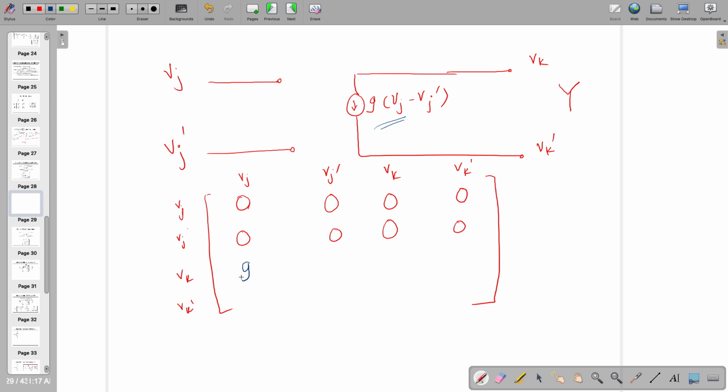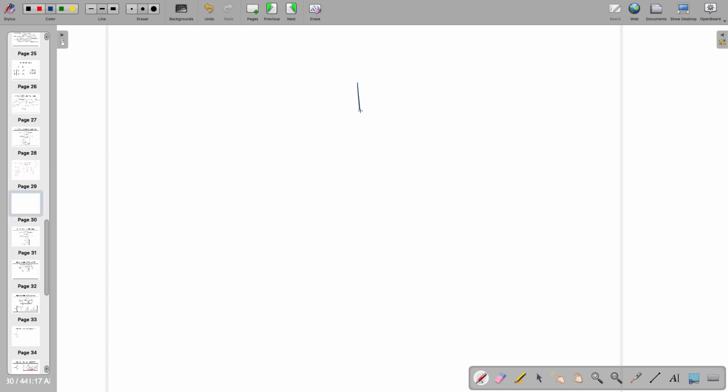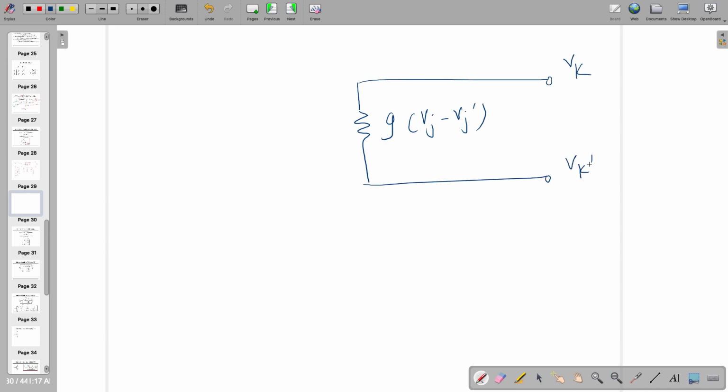Vk prime, what Vk prime? No, no. This current is flowing because of this one. That's why I kept this intentionally. So this current is Vj minus Vj prime, because of these two nodes it's happening.